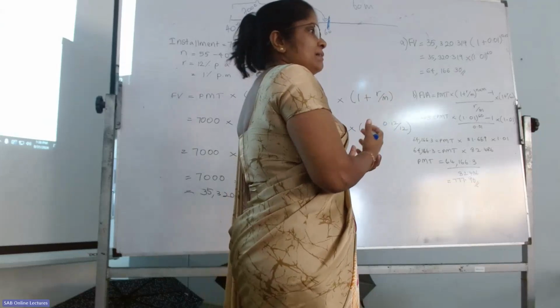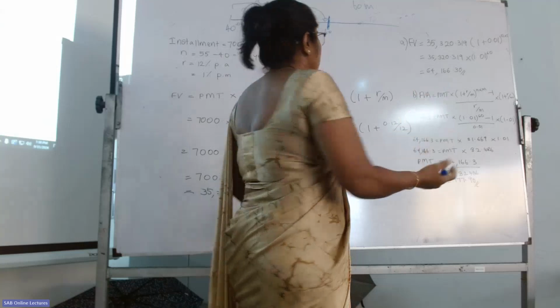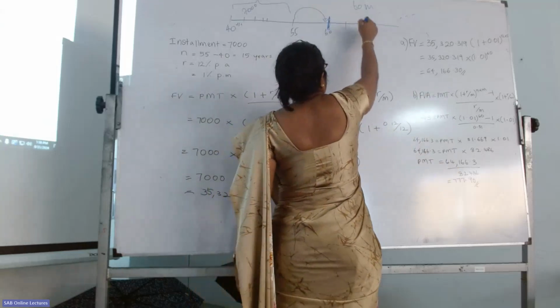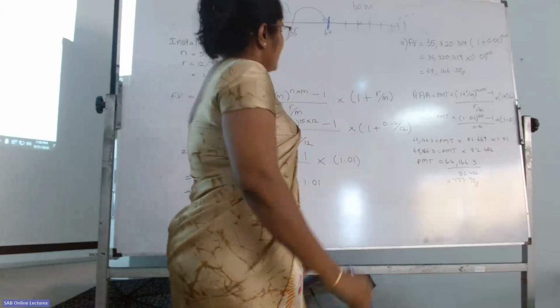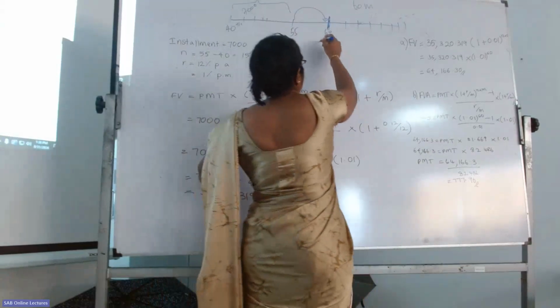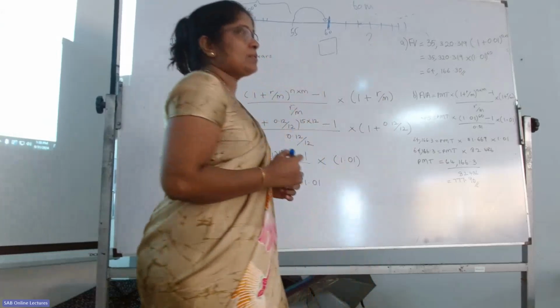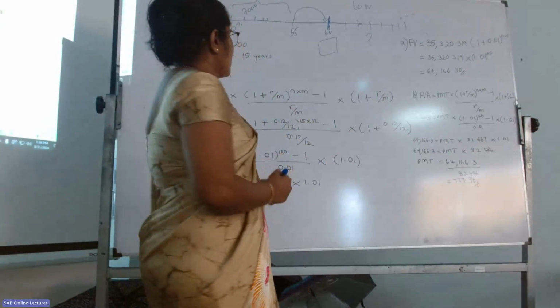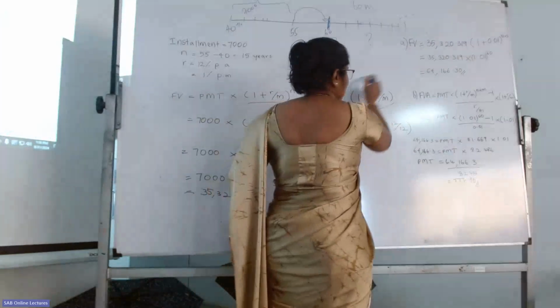So beginning immediately. That means this is an annuity due. So there are 60 monthly installments. So this is the case. So you are asking how much would be the balance here and how much will be the monthly installment. So these are the questions. Now I think this is correct. Only one problem here.